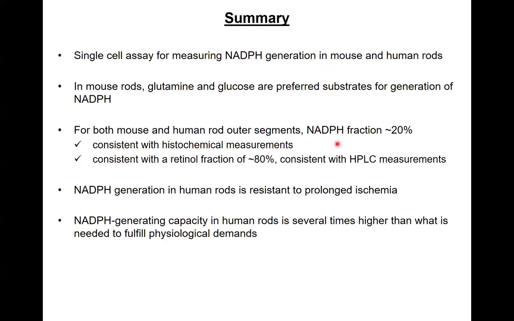For both mouse and human rods, the NADPH fraction is about 20%, which is consistent with Marchiafava's old results, and consistent with the retinol fraction of about 80%, which matches our biochemical measurements. And human rods are resistant to prolonged ischemia, and the capacity is several times higher in the rods than what we would expect is needed for retinal to retinol reduction.